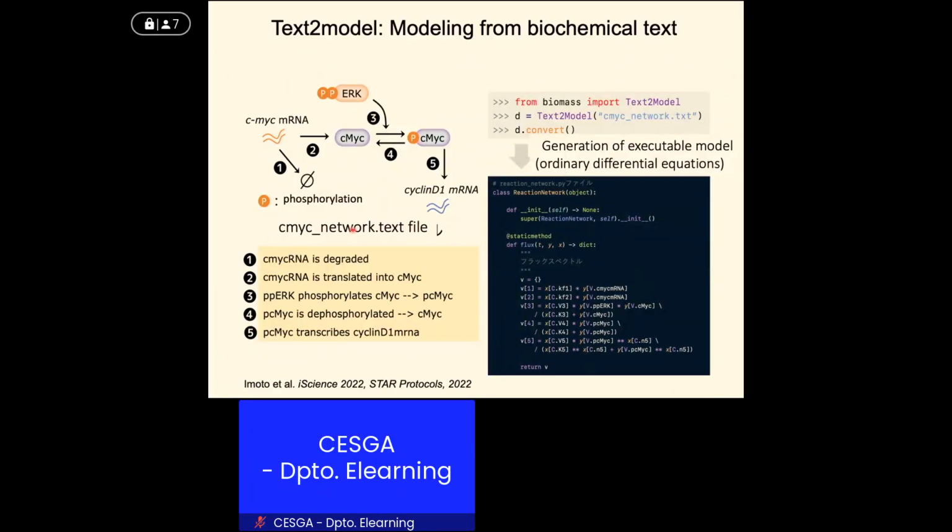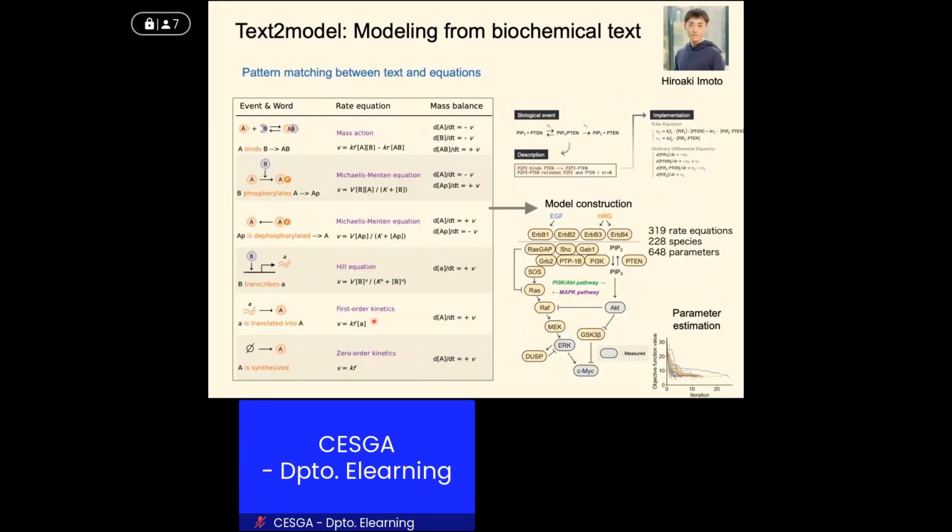And the description of the reaction is very simple: like degraded, translated, phosphorylated, dephosphorylated, activated, or inhibited. Very simple. So he saw that maybe he can make a rule for such modeling.